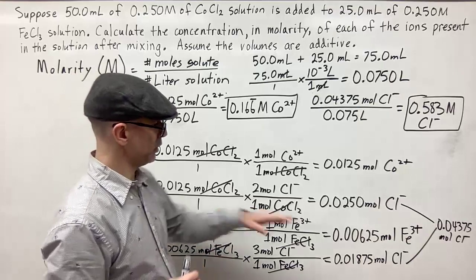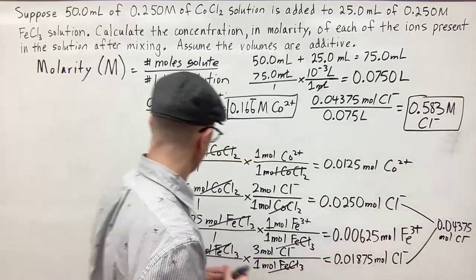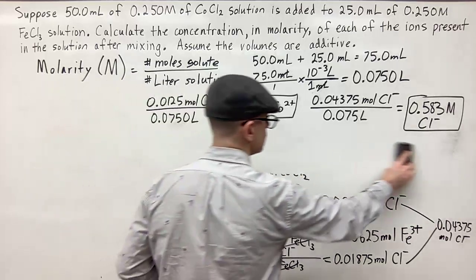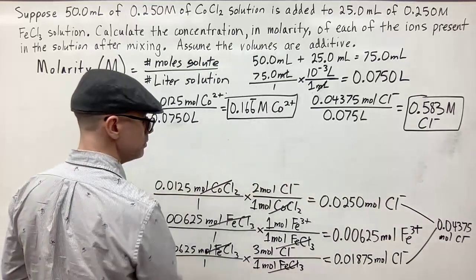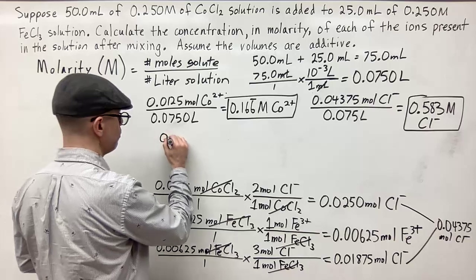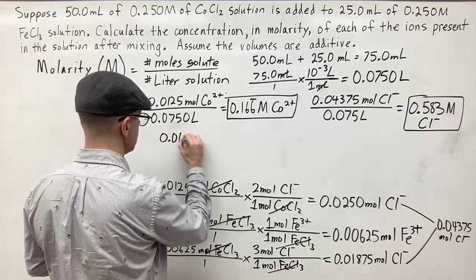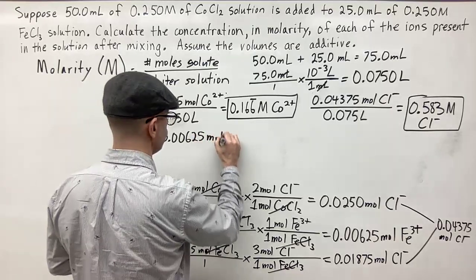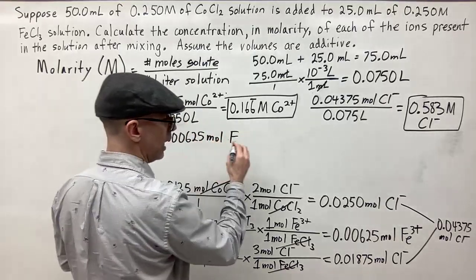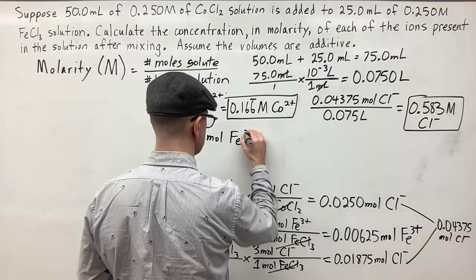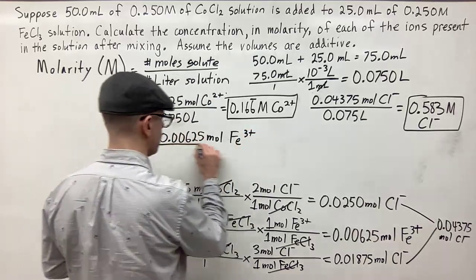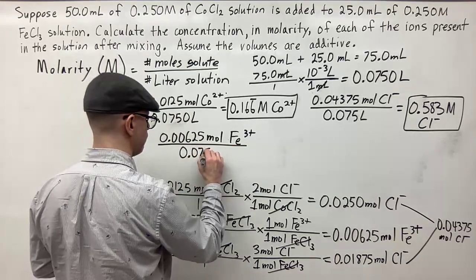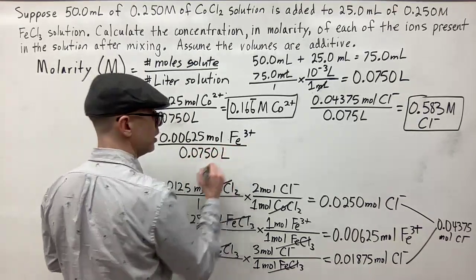And then finally, I'm going to do iron here. So iron, again, let me give myself some space. I'm going to take the 0.00625 moles of the iron 3 ion and divide that by the volume, 0.0750 liters.